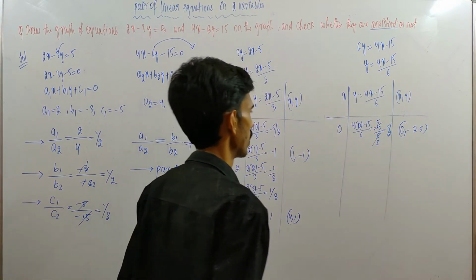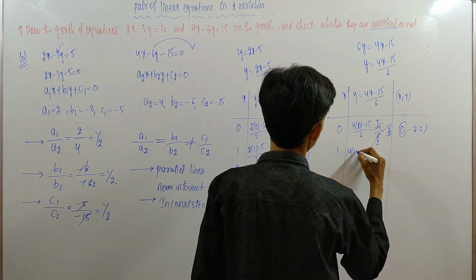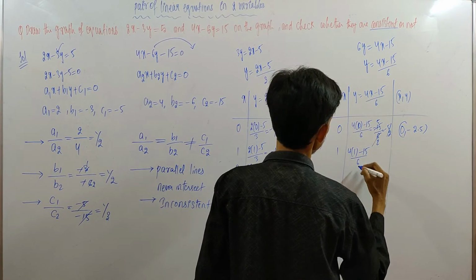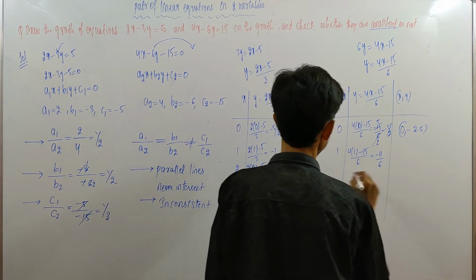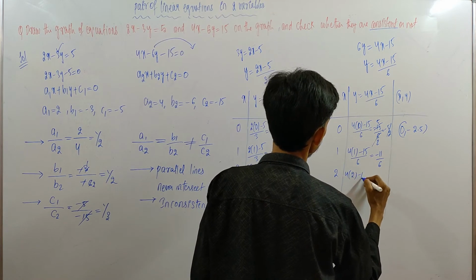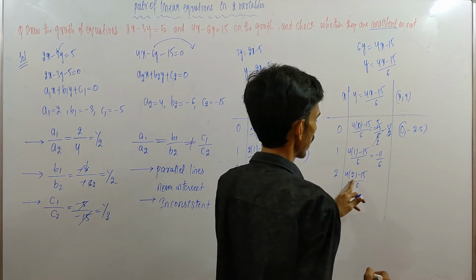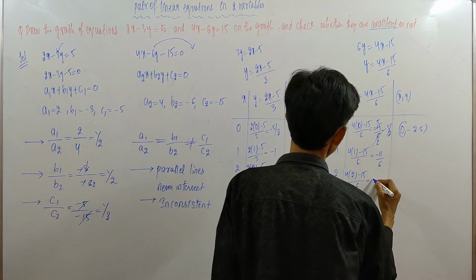That means minus 2.5. Now take x value as 1. 4 into 1 minus 15 divided by 6. 15 minus 4 we have minus 11 by 6. Take 2. 4 into 2 minus 15 by 6. 4 into 2 is 8. 15 minus 8 we have 7.